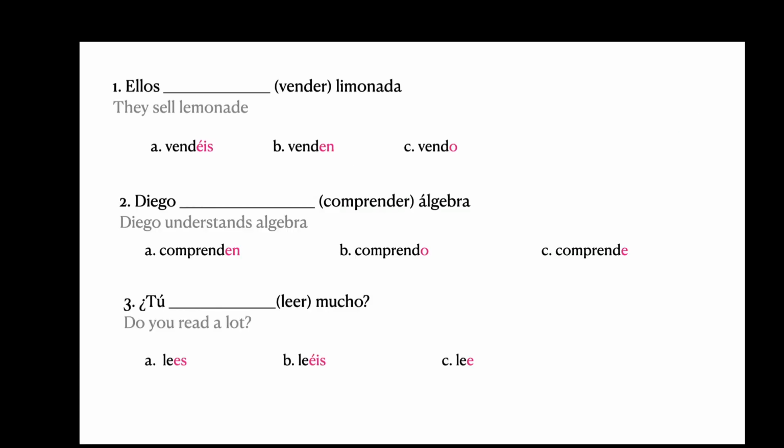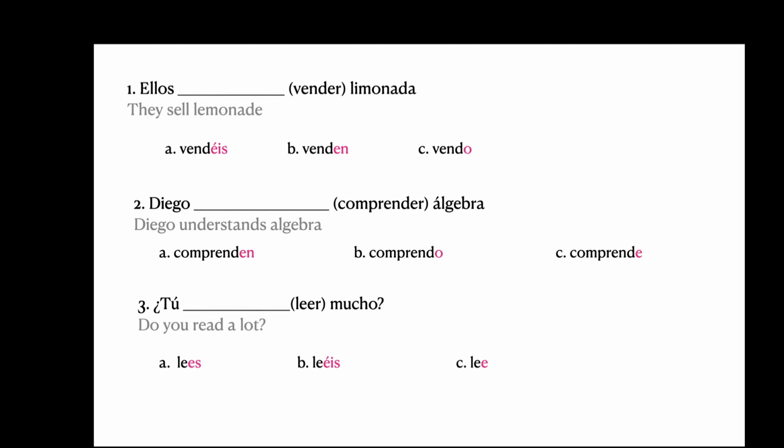Go ahead and take a look at the examples that I have on the screen for you and select the ones that you think are right. Hopefully by now you have memorized the endings, and if not, you can pause the video, memorize the endings, and come back to the activity. Número 1. Ellos vender limonada.